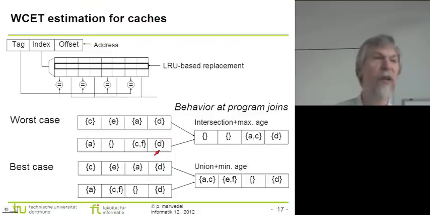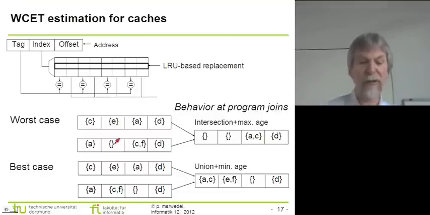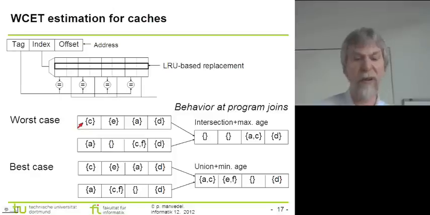Then we have to figure out what is the worst case resulting after such a program join. Let's see what the worst case is for variable C. We know variable C is included in the cache before the join. After the join, it will still be in the cache.